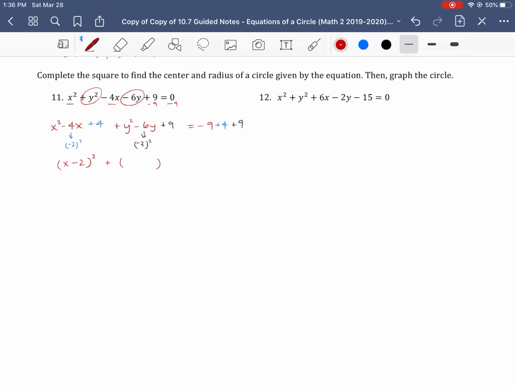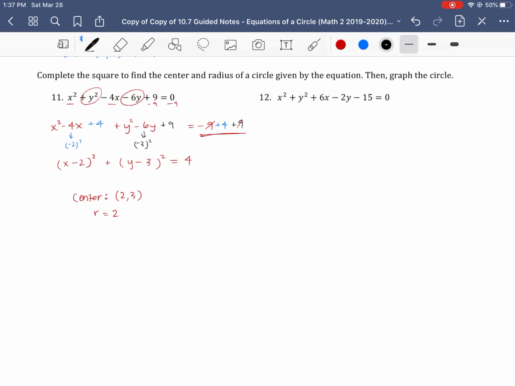And then this y piece is going to factor down to y minus 3 squared, since 3 times 3 gives us 9. We then combine these pieces. So you've got a -9 and a 9. Those actually cancel each other out, so we just have 4. So if I want to identify the center, there's my h and my k at 2, 3, and the radius here would be equal to 2.